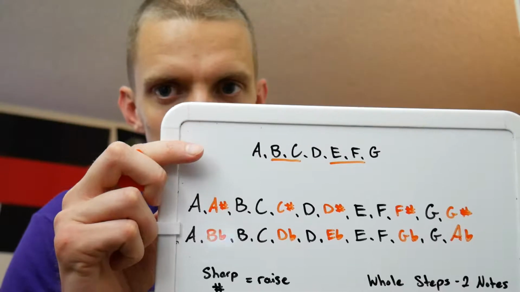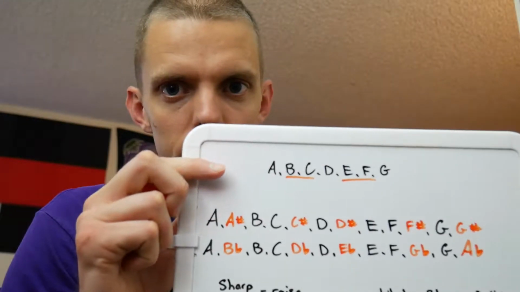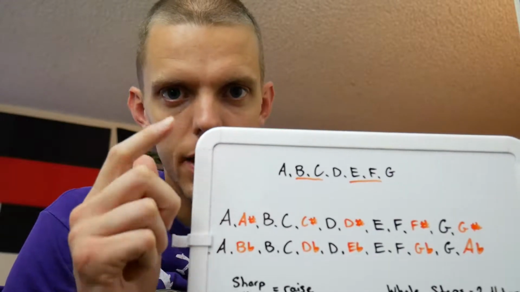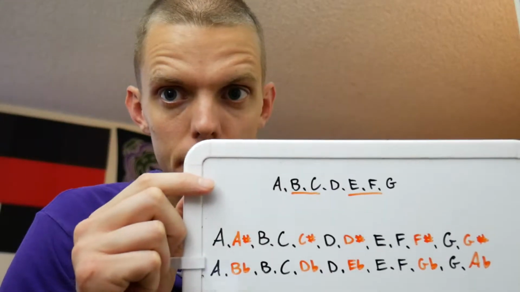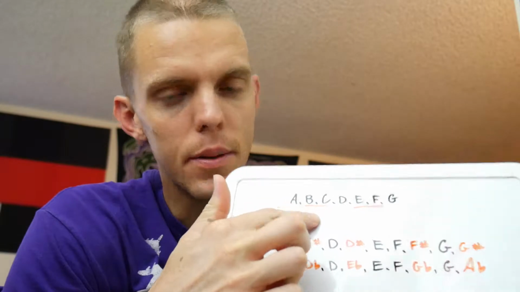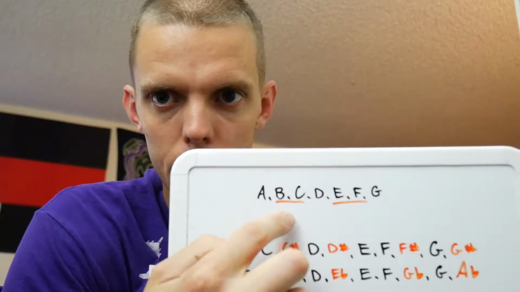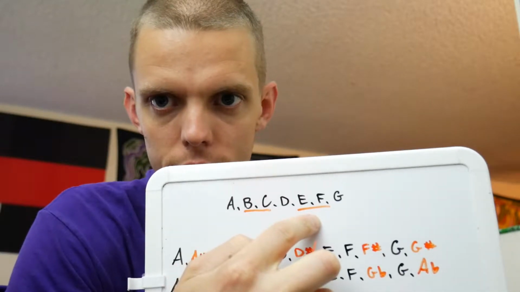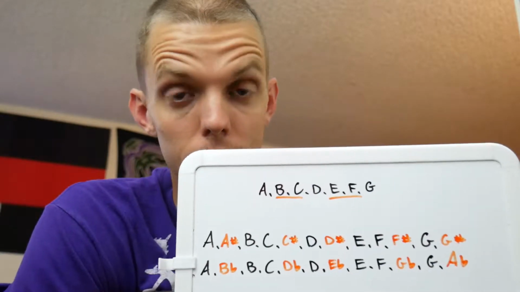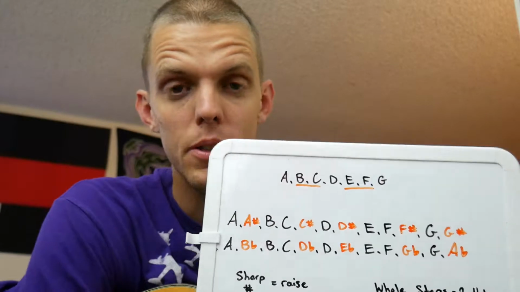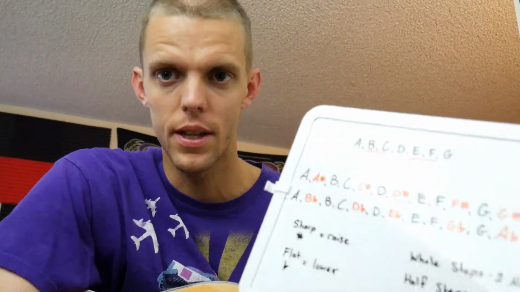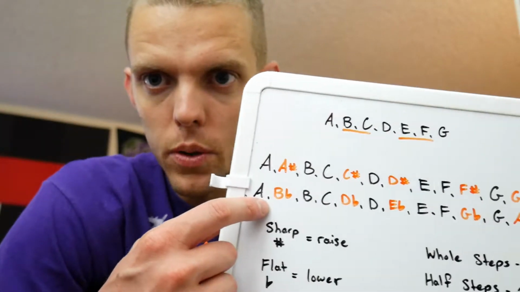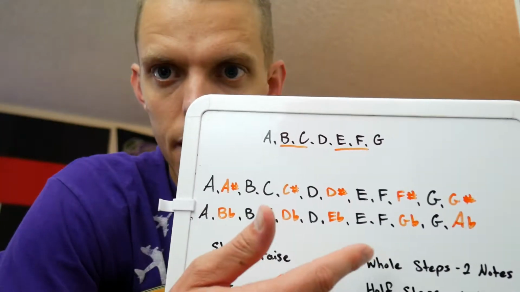A, B, C, D, E, F, G. And the most important thing to remember is that B and C and E and F are right next to each other. That is pretty much the only thing you really have to understand to figure this out. But you also have to understand what the notes in between all the other notes are.